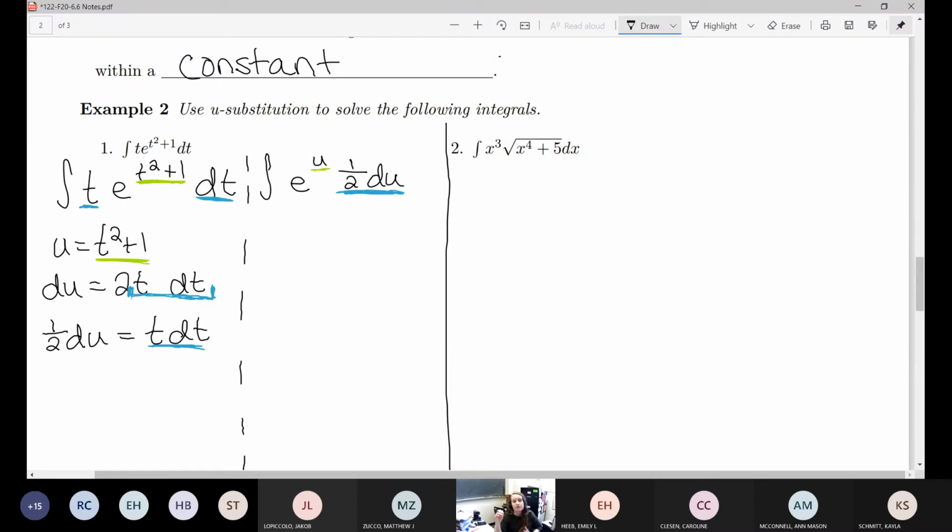We could bring that 1/2 to the front if we want. That 1/2 is just going to come along for the ride, because we can take the antiderivative of this. The antiderivative of e to the u is e to the u plus c.